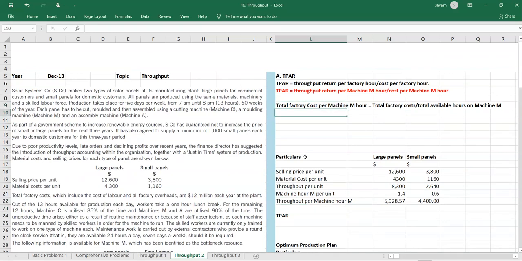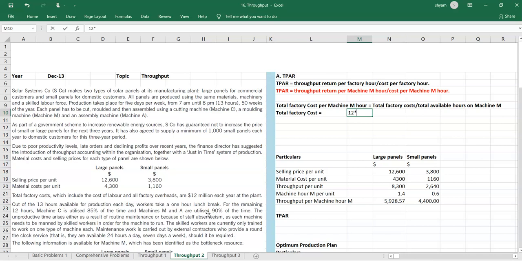So we'll find out the total factory cost per machine hour. So total factory cost amount wise we can easily find it out. So we can work it out. We can break it in small parts. So total factory cost, we know it. That is 12 million.